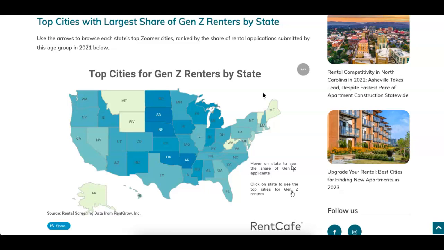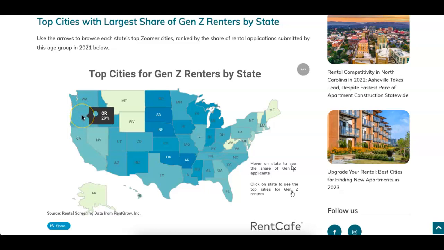So let's just explore this blue here. Arkansas has 43%. Texas, 26%. New Mexico. California, 24%. The same thing.